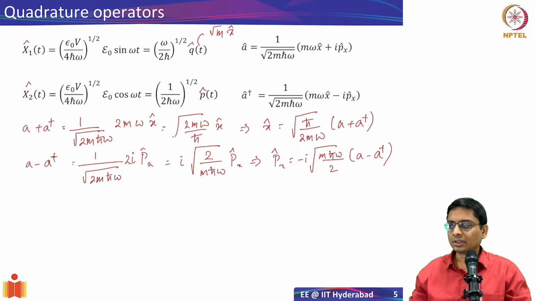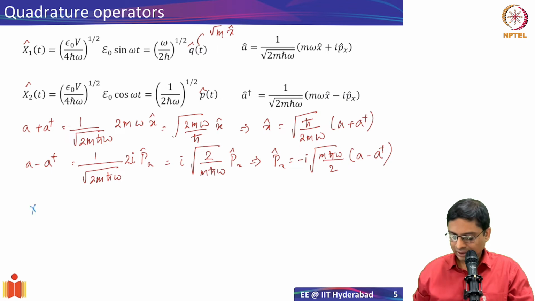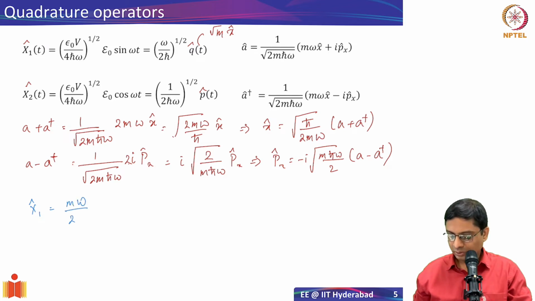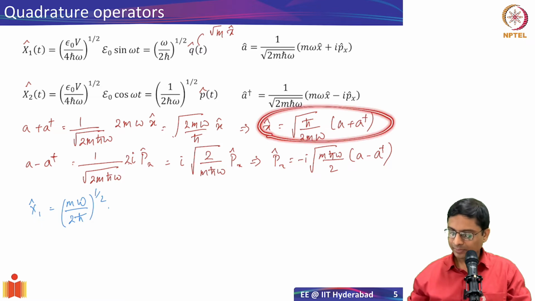Now I will try to find the x1 operator, the quadrature operator. Previously we said it's a field; now in terms of operator representation, what is it? Because q we said is the square root of m times x cap, I'll absorb that square root of m, and then m omega divided by 2h bar, the whole thing under root, into this expression here for x cap.